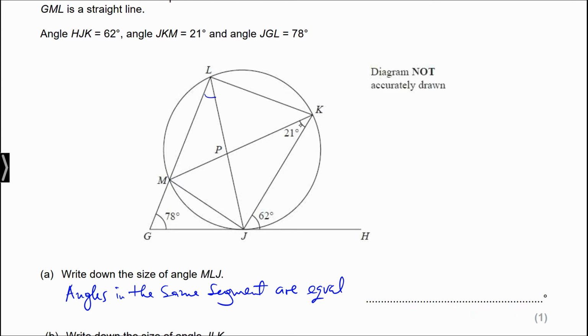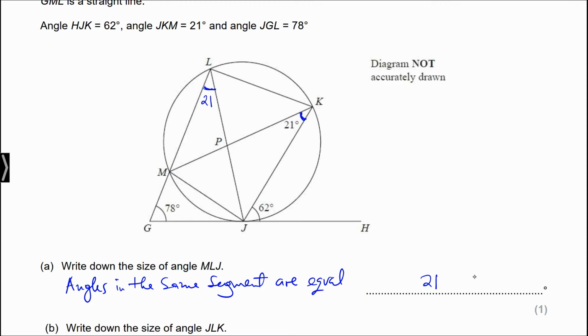What that means in this case is that this angle here and this angle here are equal. So this angle will be 21, so MLJ will be 21 degrees.